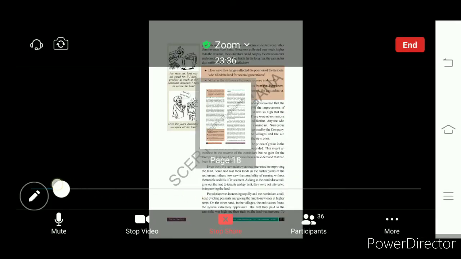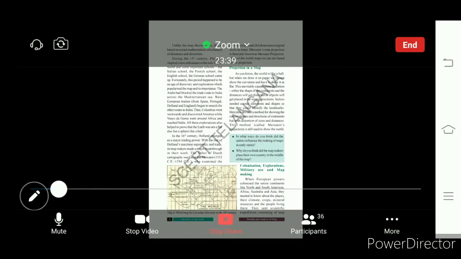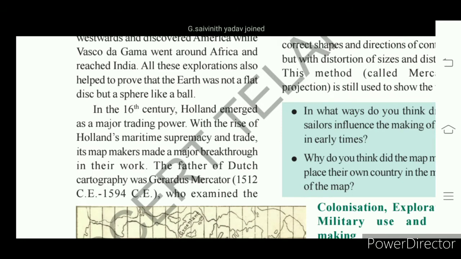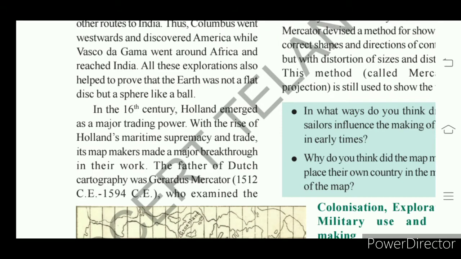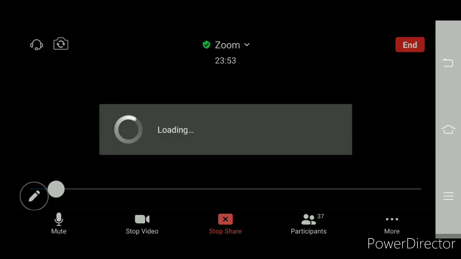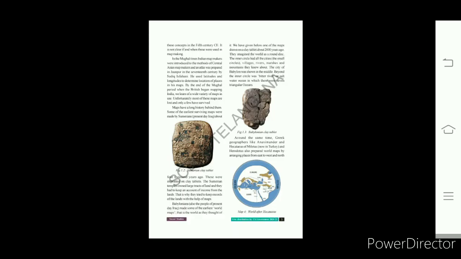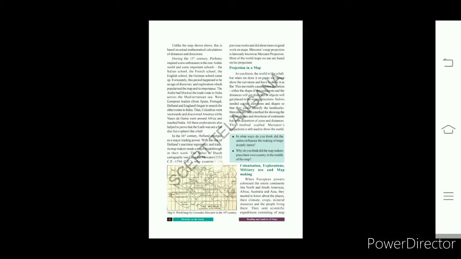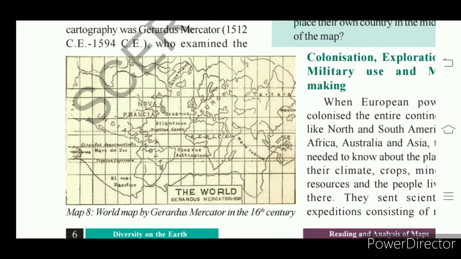Which century? 16th century. Then Europeans started colonization. So these maps helped. Which maps? World maps, where places are shown accurately using latitudes and longitudes to identify a place, and those maps were used by the Europeans.